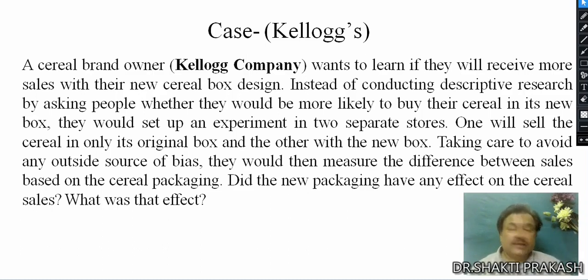One would sell the cereals in only the original box, and the other with the new box, taking care to avoid any outside sources of bias. They would then measure the difference between the sales based on cereal packaging.